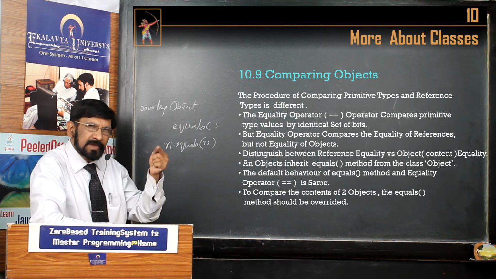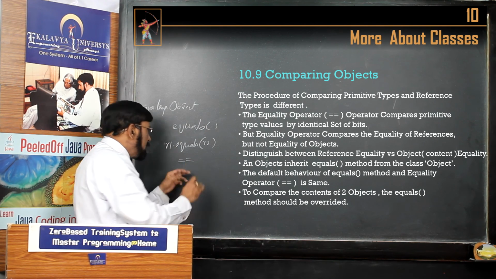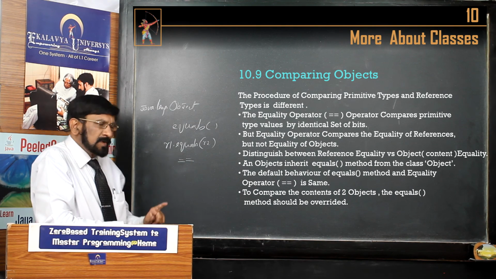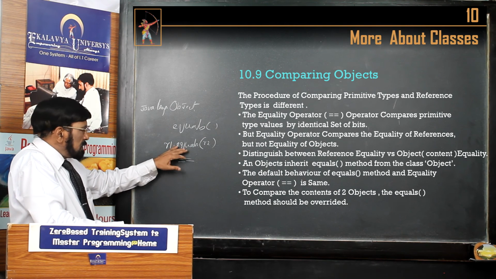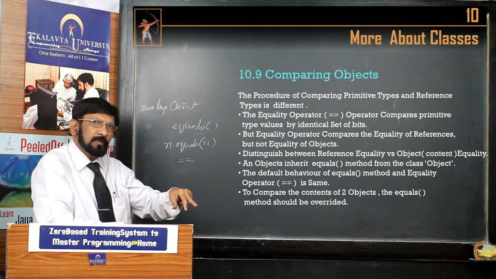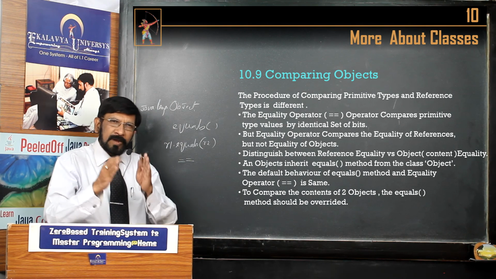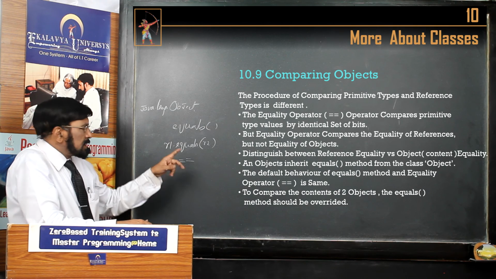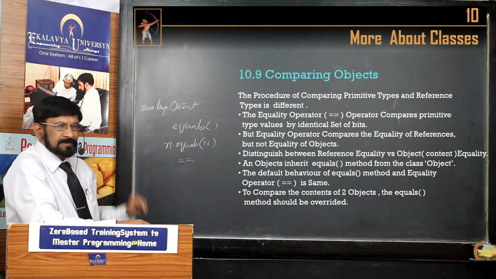The equals method's behavior by default is also like the equality operator. The equals method by default and the equality operator act alike in the case of reference variables. That point you have to understand.